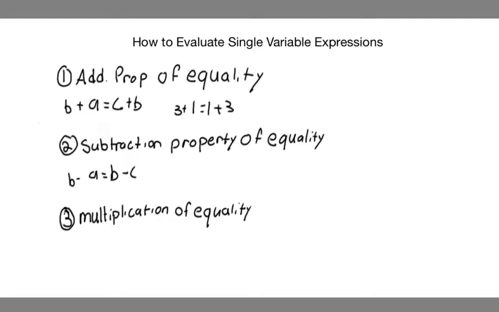So again, suppose we have 1 equals 1, and then over here we have negative 3 plus 1, which is basically, just to make it easier on ourselves, 1 minus 3, that's equal to negative 1 plus 3.